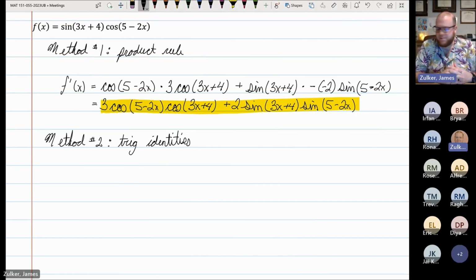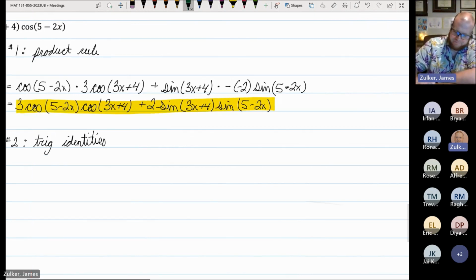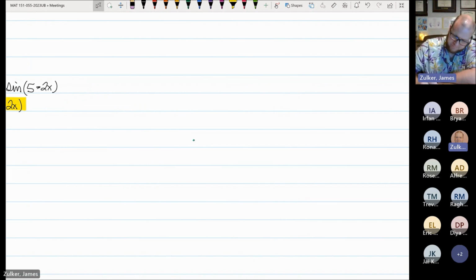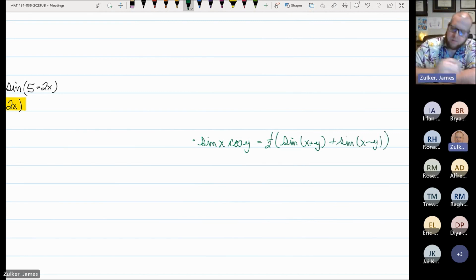Second method, trig identities. Right, in particular, that one.